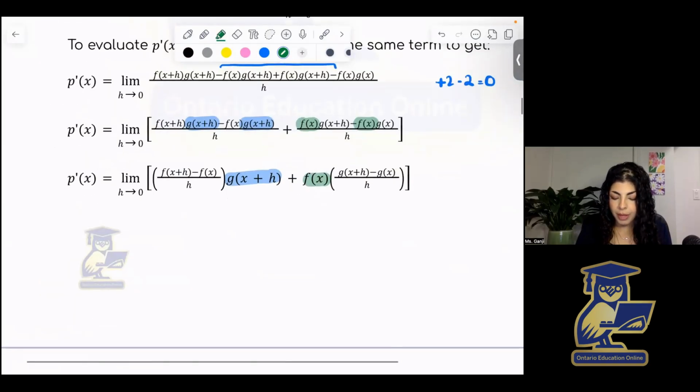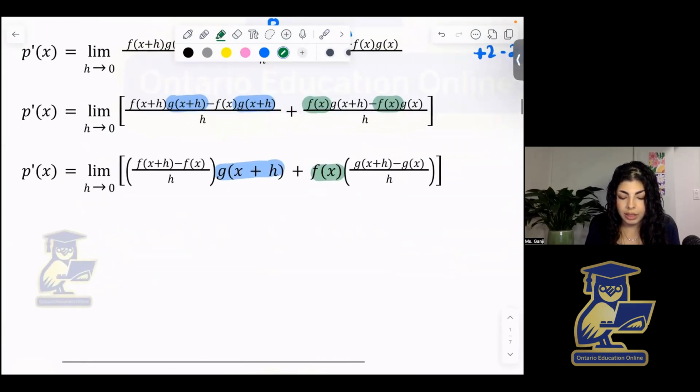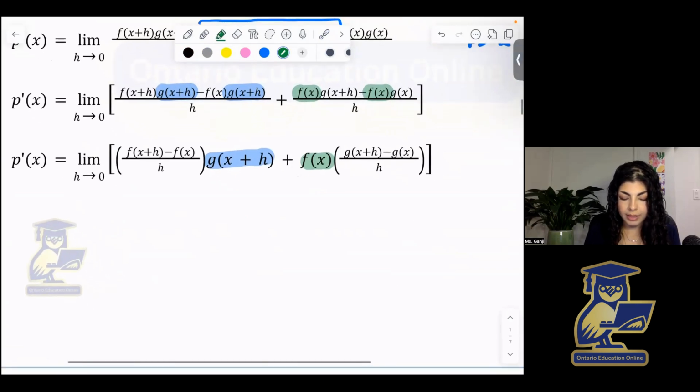And now, applying my sum and product rule for limits. In this example here, this is a constant.